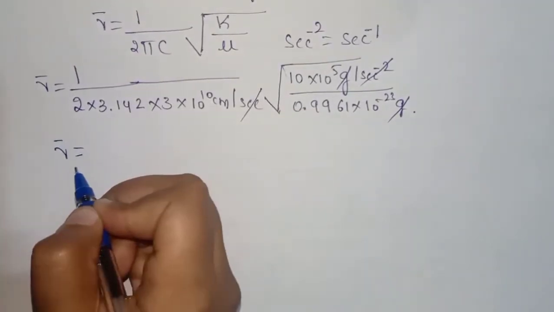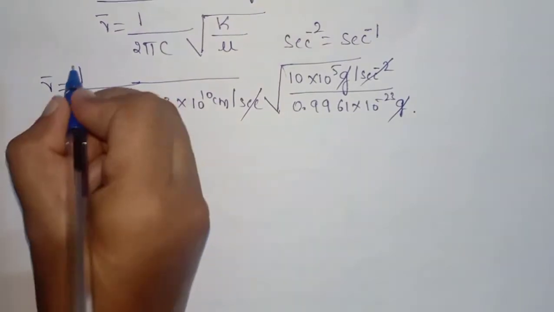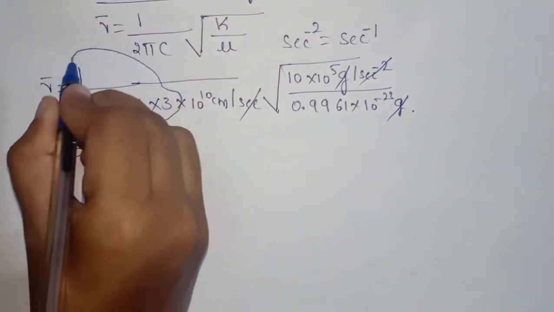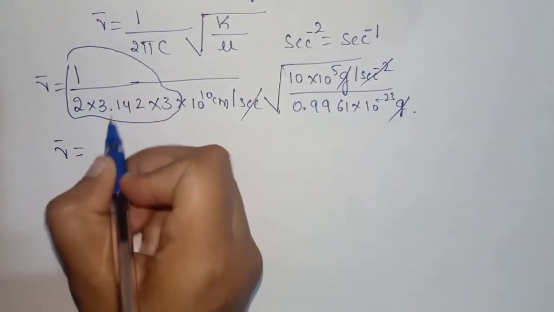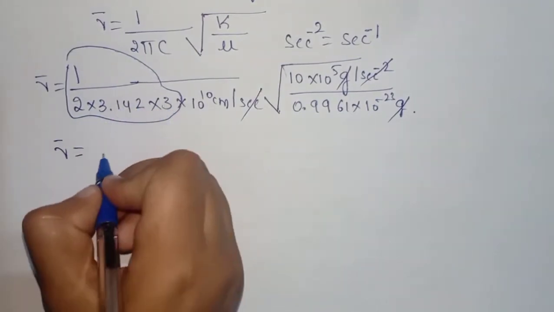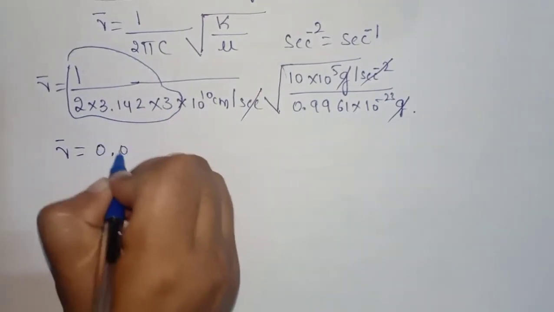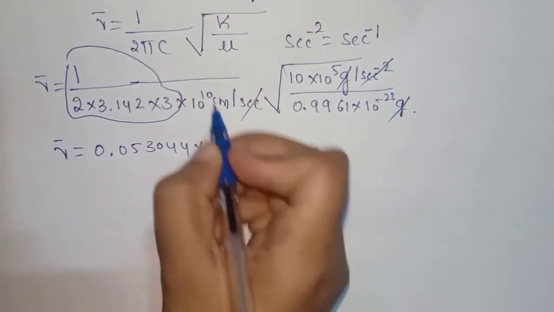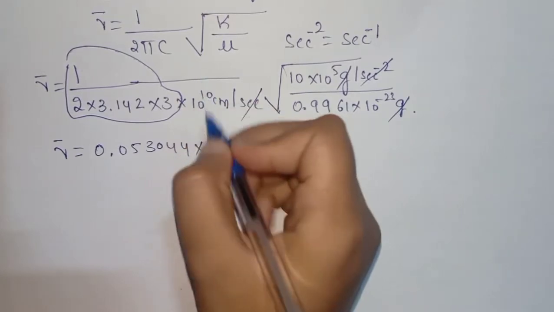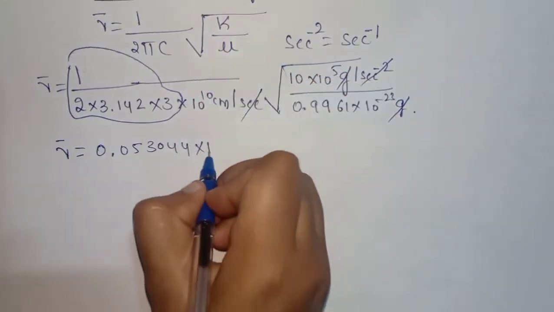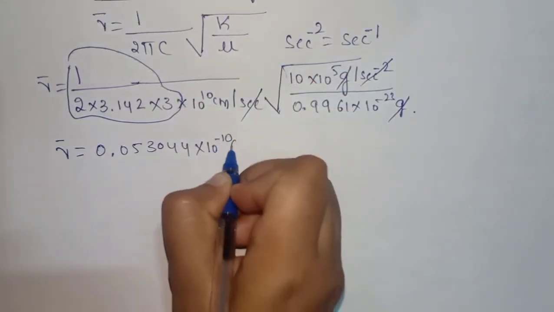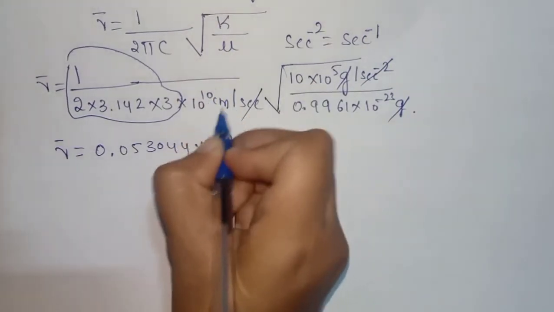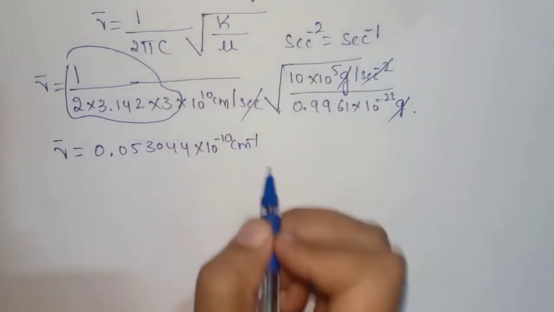And now nu bar is equal to, if I solve this whole thing, that is 1 divided by 2 into 3.142 into 3, I will get 0.053044 into, and if I bring this 10 to the upper side, this will become 10 raised to minus 10 centimeter inverse. This centimeter will go up and will become centimeter inverse.